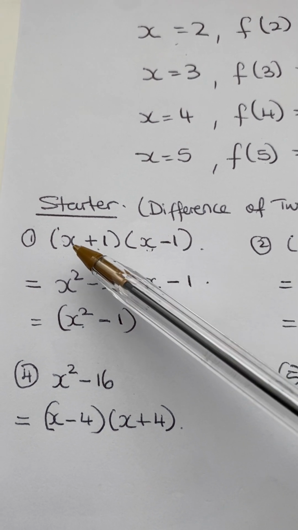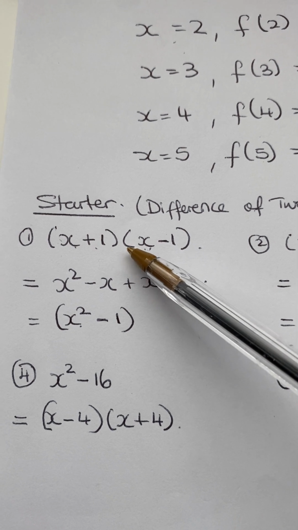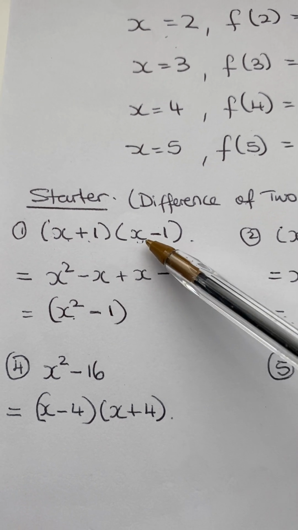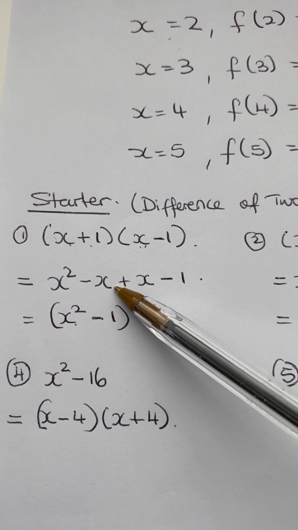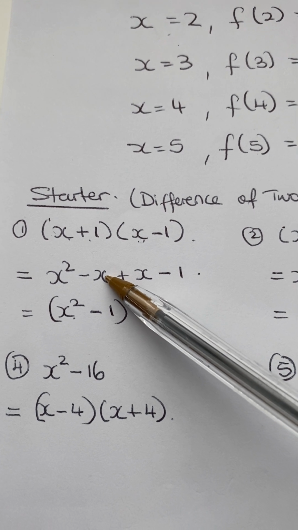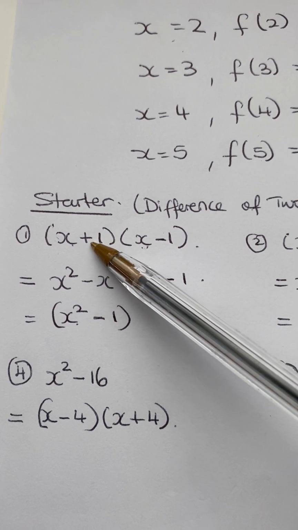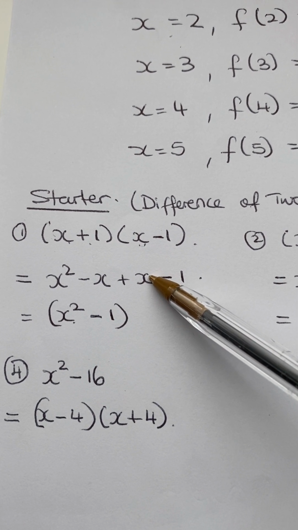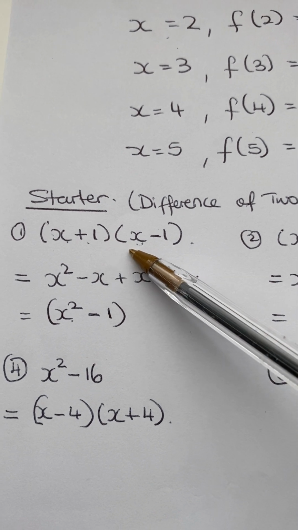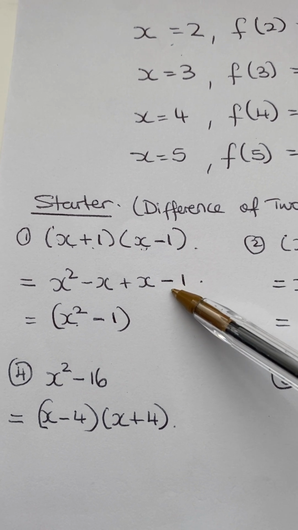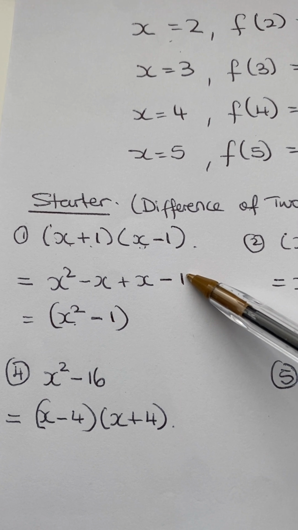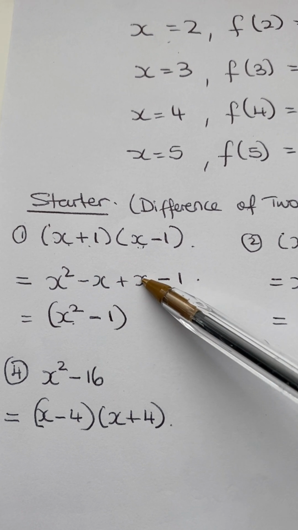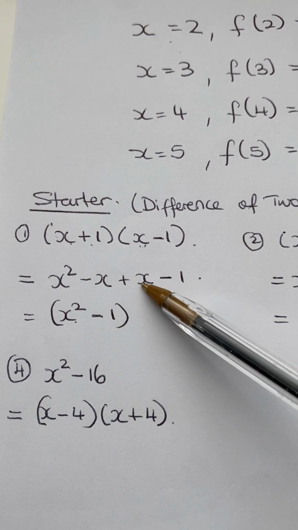Now, x times x is x squared. x times minus 1 is minus x. Remember, I work on integers. Plus 1 times x is plus x. Plus 1 times minus 1 is minus 1. Now, minus x plus x becomes 0.